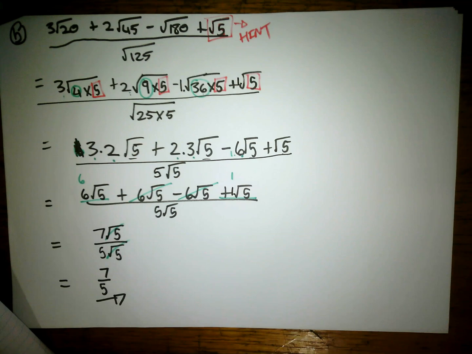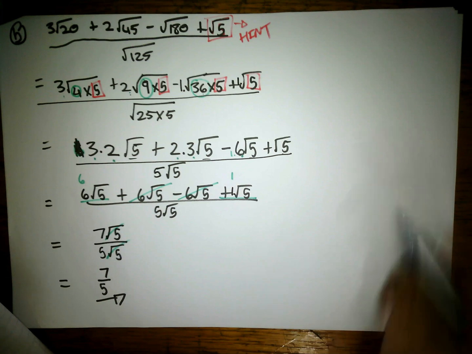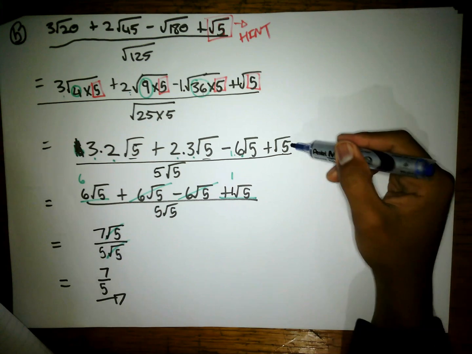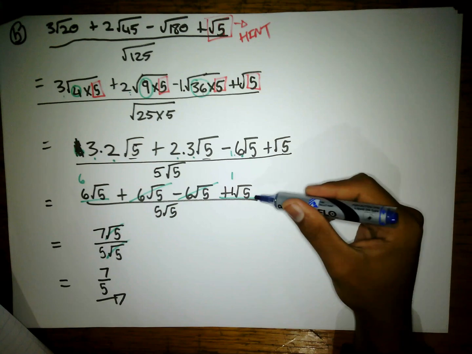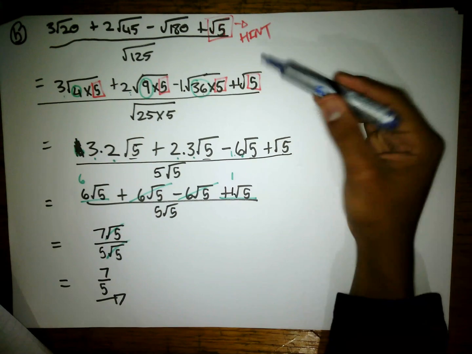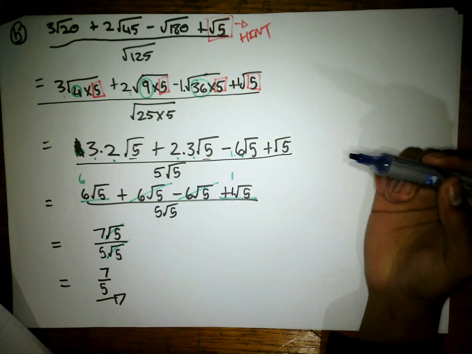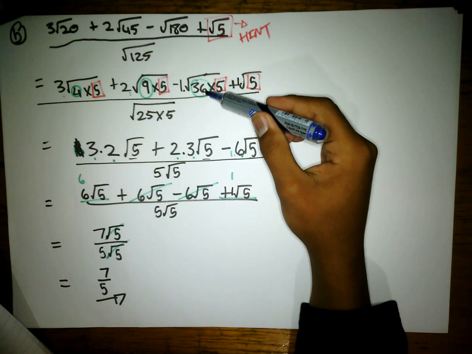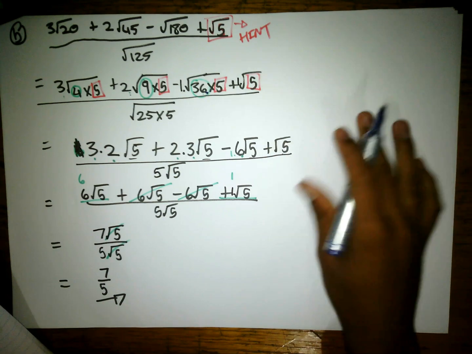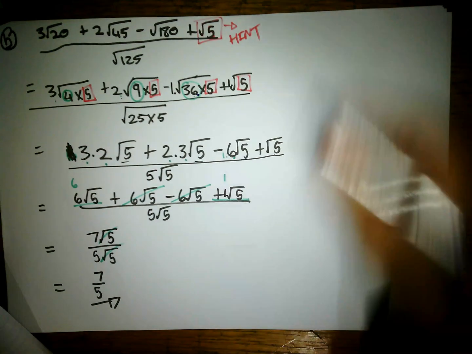You will just see that there are like terms. Before it was a square root 2, now it's a square root 5. All we must do is leave behind our hint, square root the number we're multiplying with, and then just do it like this.